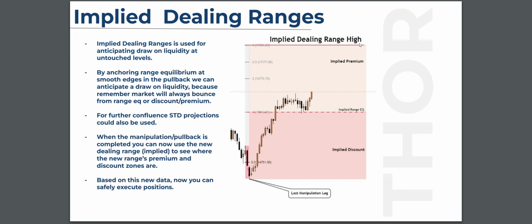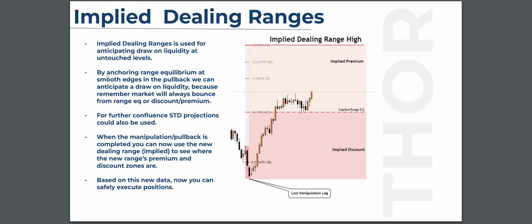By using that information, now you can imply a dealing range, because what we imply here is basically the bounce here, the wicks were at range equilibrium. By implying that, we can just extend the range high and by anchoring the range equilibrium at those lows here.